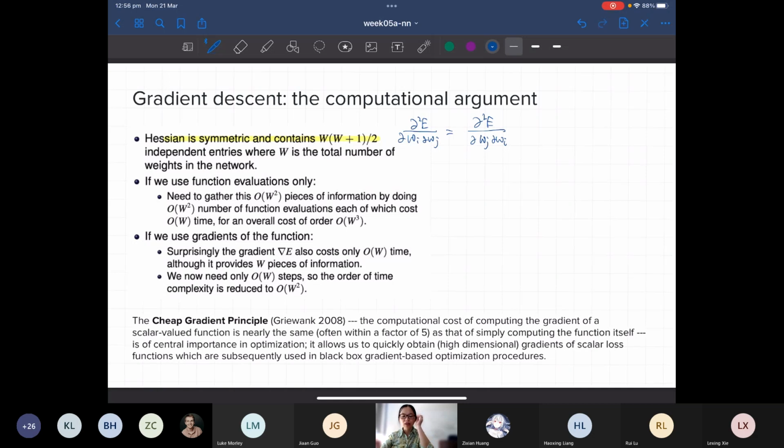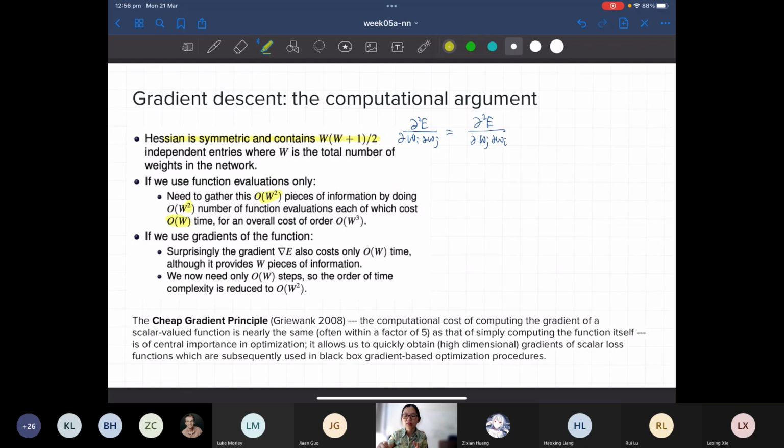So if we can use function evaluations only, and we do not know or do not explicitly compute the gradient of the function, we essentially need to gather the same order amount of information by doing W squared function evaluations, each of which costs on the order of W time.